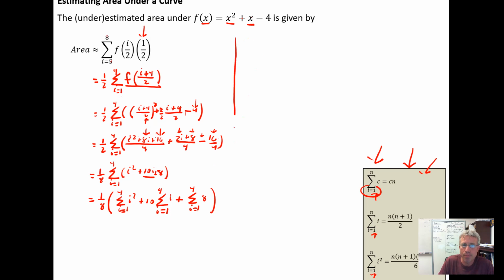And I'm going to bring this up on the screen so it doesn't get too low. So I have the area is approximated by the 1/8 right here times, and now I'm going to apply my summation formula.